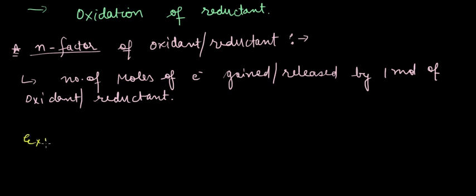Next, let's see some examples. So we have H2, which gives 2H+ plus 2 electrons. So the n factor here would be 2.